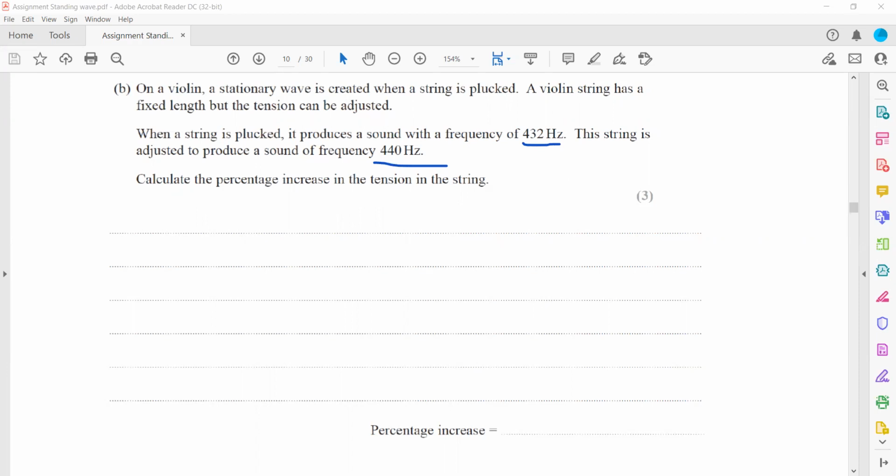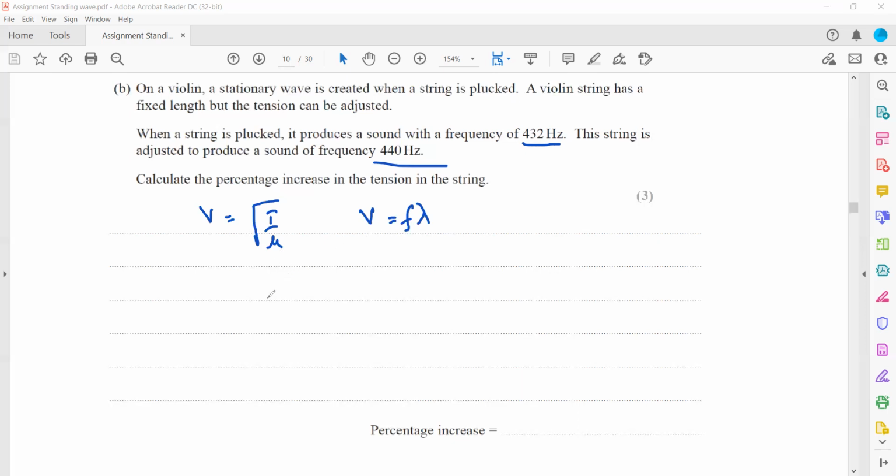So how can we work this out? First we have to use a formula. The speed of the wave in a string is given by the formula v equals under root T divided by mu, and the speed of the wave is also given by v equals f lambda.